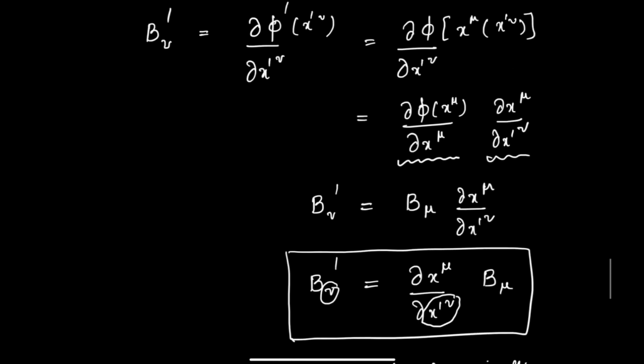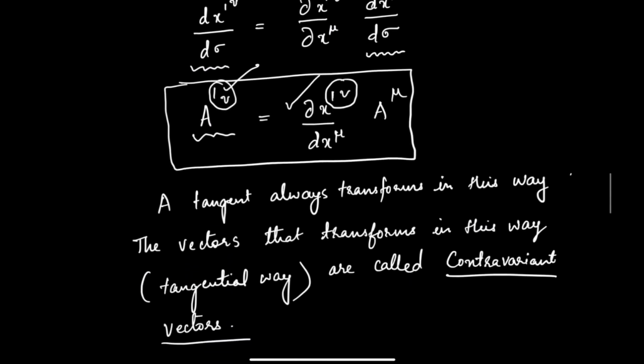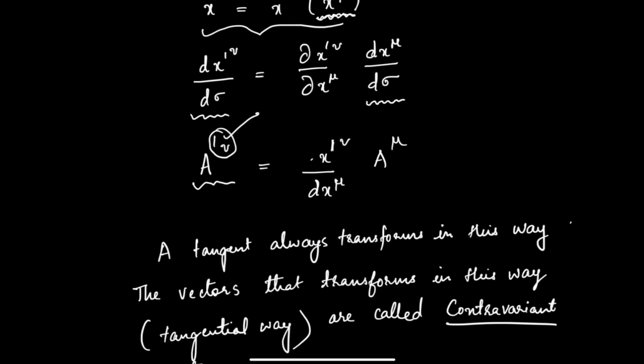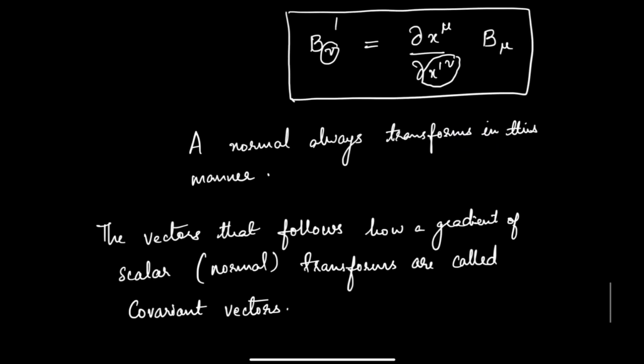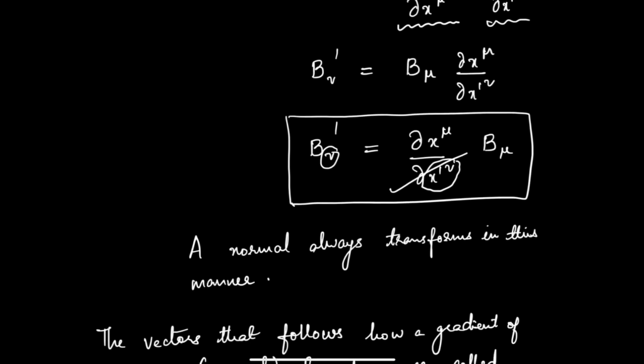So we'll just see contravariant and covariant, the difference. So here in contravariant vectors, the primed quantity is sitting in the numerator. On the right hand side, you can see the partial derivative of x prime nu, right? This is contravariant, and in covariant, it is in the denominator. Here it is in the denominator, and you represent it as a subscript.